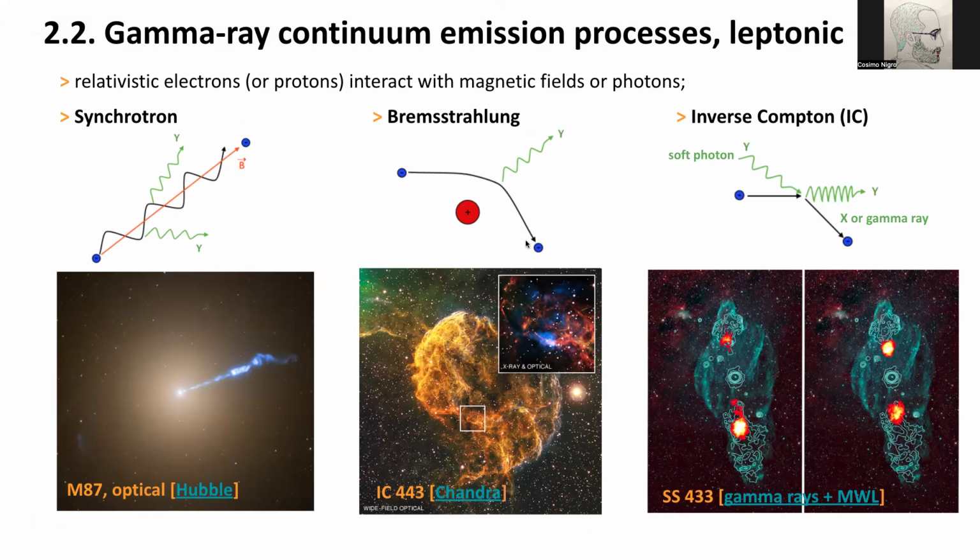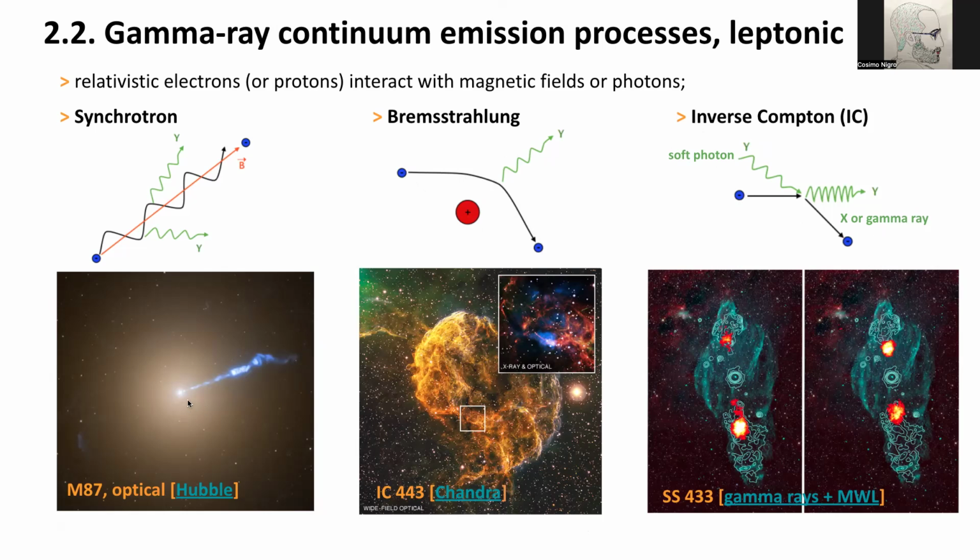We can have bremsstrahlung, which is when a particle is braking in the Coulomb field of another charged particle. This produces radiation in the X-ray regime. And then we have inverse Compton, in which a high energy electron upscatters a soft photon to X-ray or gamma ray energies. And I just put some examples of astrophysical sources probably radiating with these processes.